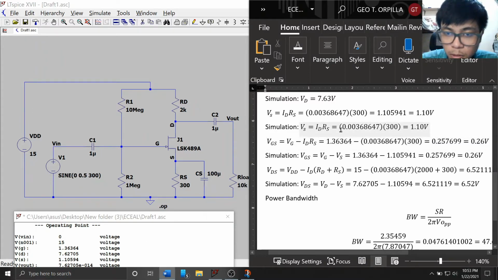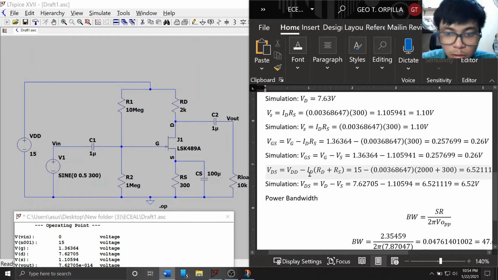So let's now move on to VGS. VGS is equal to VG minus IDRS. Plugging in the values, we have 0.26 volts. In the simulation, we have to subtract VG minus VS, which also gives us the same value.